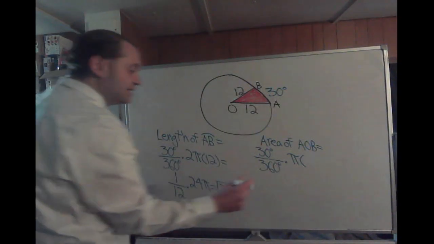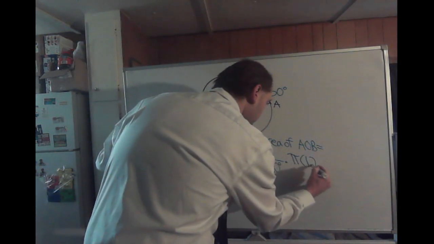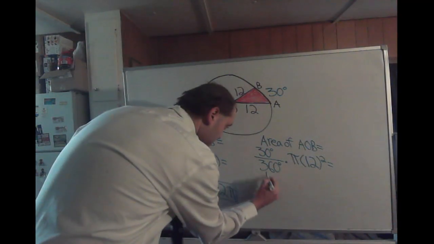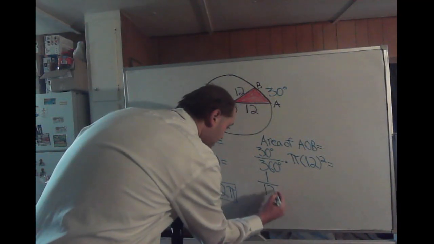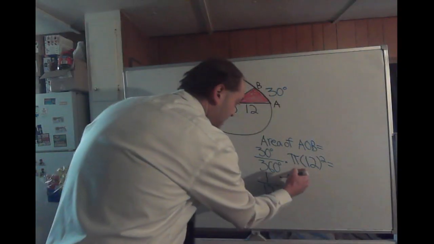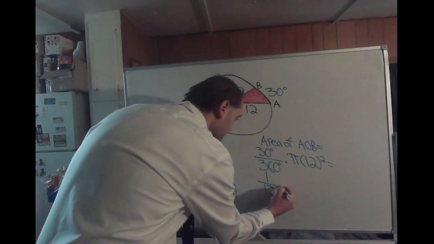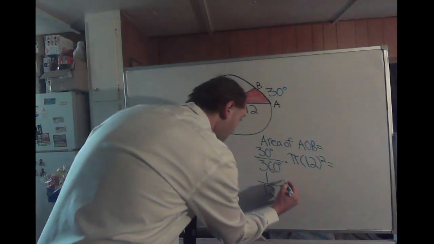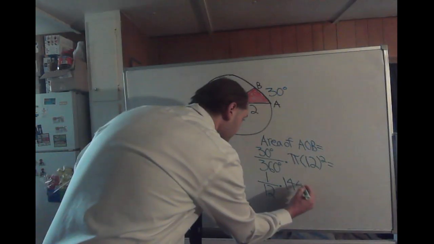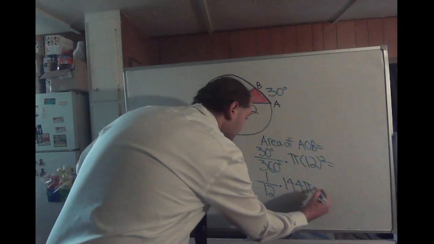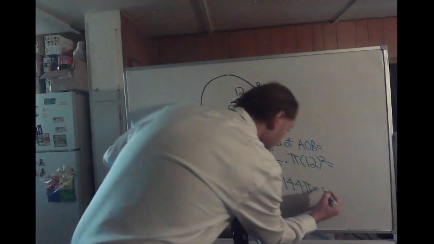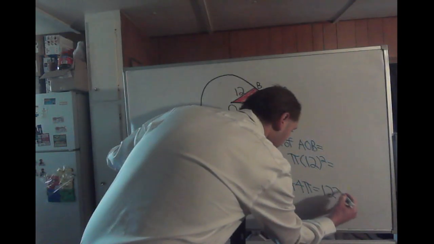In this case, your radius is 12, so that would be 12 to the second power. 30 out of 360 again is 1/12, times pi times 12 squared, that'd be times 144 pi, which when simplified would give you the area of sector AOB being 12 pi.